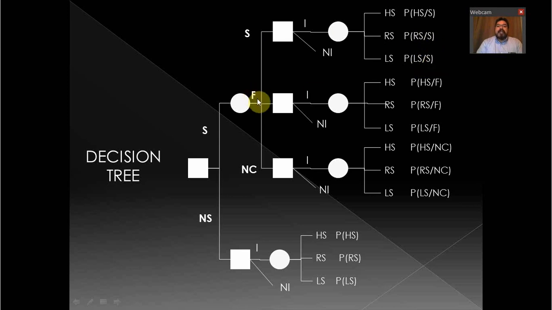In the branch of failure, we have the probability of high sales due to failure, regular sales due to failure, and low sales due to failure. And in the branch of non-conclusive results, we also have the probability of high sales, regular sales, and low sales due to non-conclusive results. This is the part of conducting the survey.